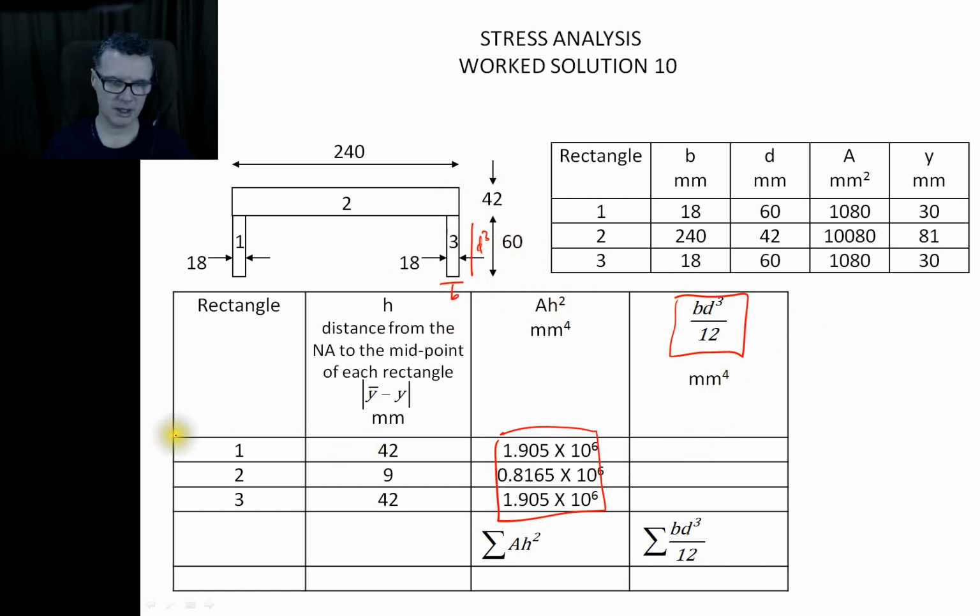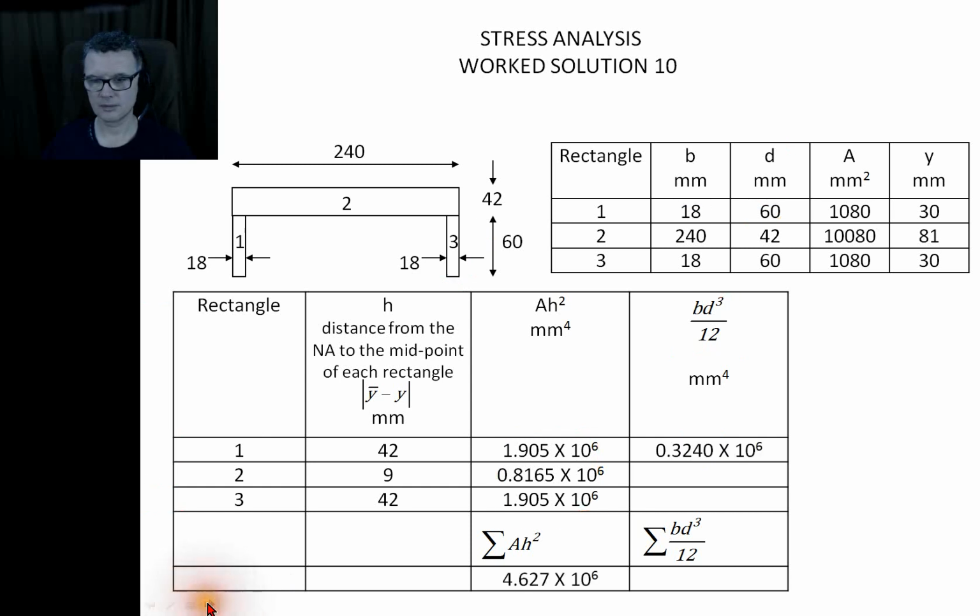If we had carried on our table, we would just be looking back along this row and finding the b and timesing it by the d to the power of 3, divided by 12, and then filling in our answer here. So that's my first value.